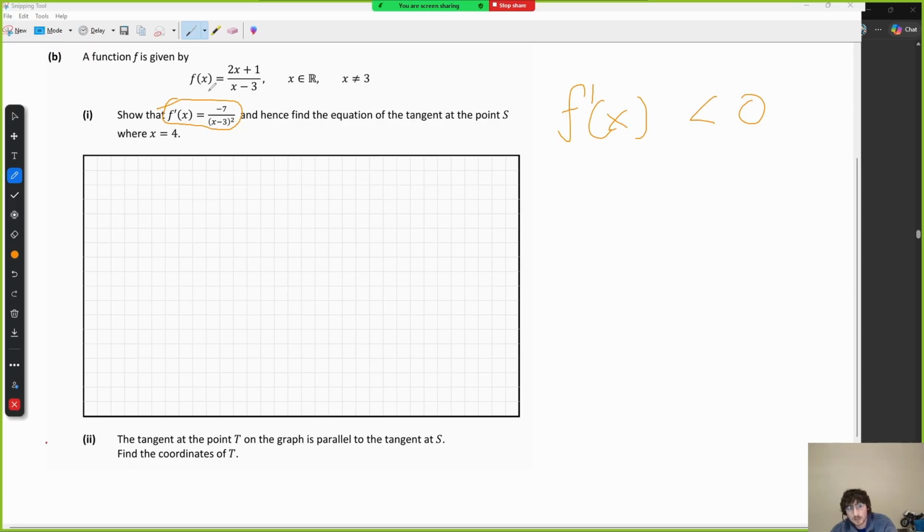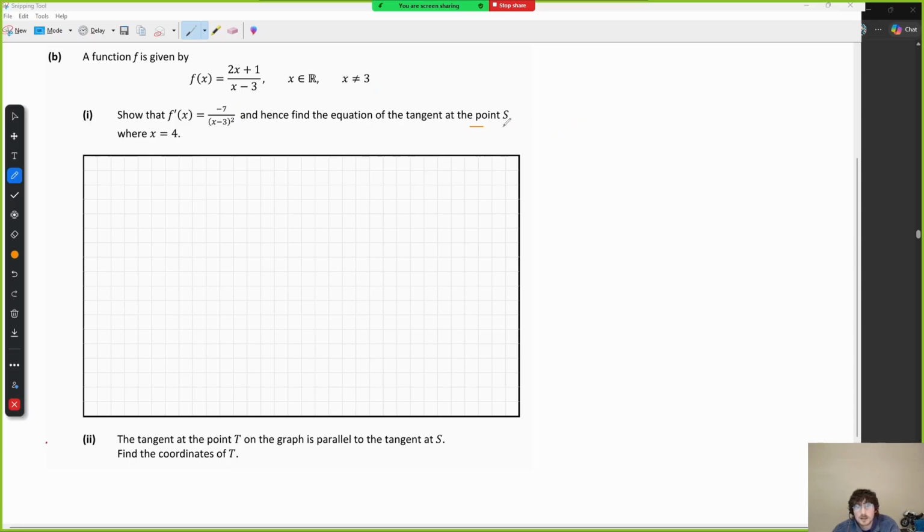The y value is always getting smaller. The reason it's always negative is that x minus 3 squared on the bottom is something squared, so it can never be anything other than positive or 0. It won't be 0, because x can't be 3. So the bottom is always positive, the top is always negative, so f dash x is always less than 0, and this function is always decreasing. But they didn't ask that, so we won't go into it.